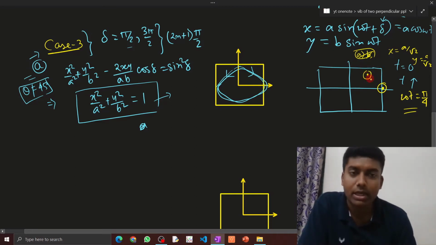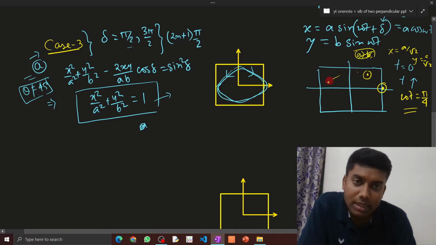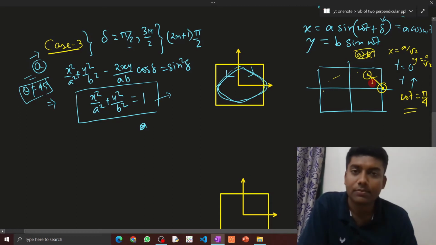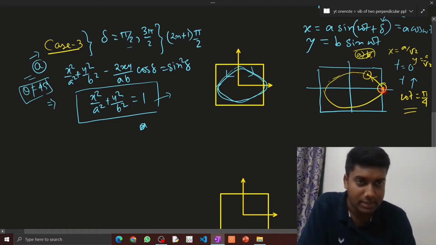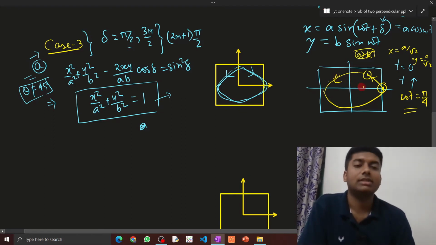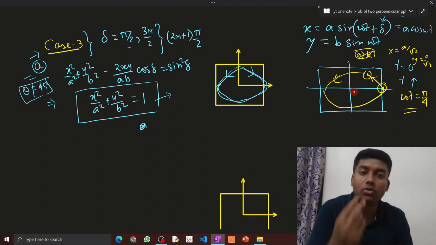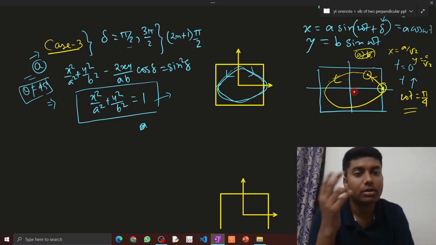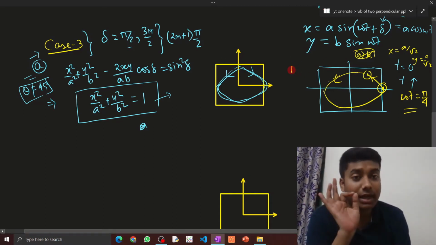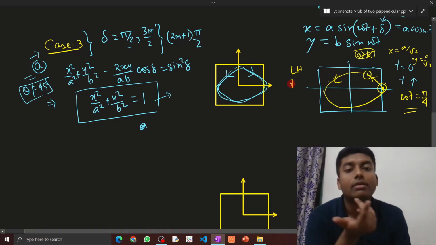So when you trace the points, we get that it is moving like this. If the ellipse is moving like this, then it is called left-handed elliptically polarized light.